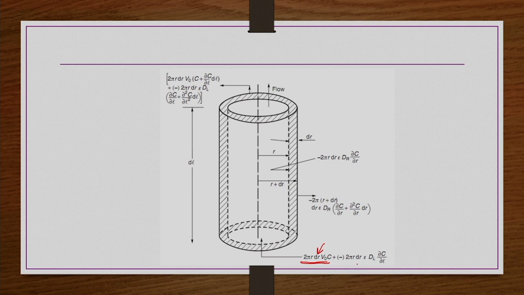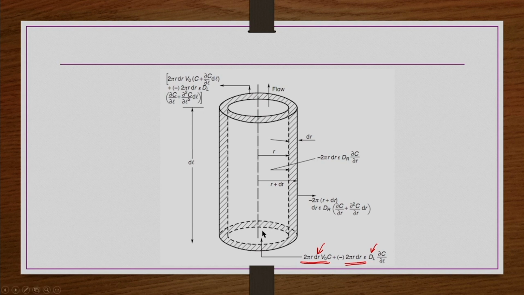Because of the molecular mechanism, the rate at which material is entering is 2 pi r dr and then epsilon, because it is porous, multiplied by dl dou C by dou L. Actually it is dl times minus dou C by dou L, that minus we have written here, right. Why dl and not dr here? Because we are taking the axial direction components, that is the reason it is dl.